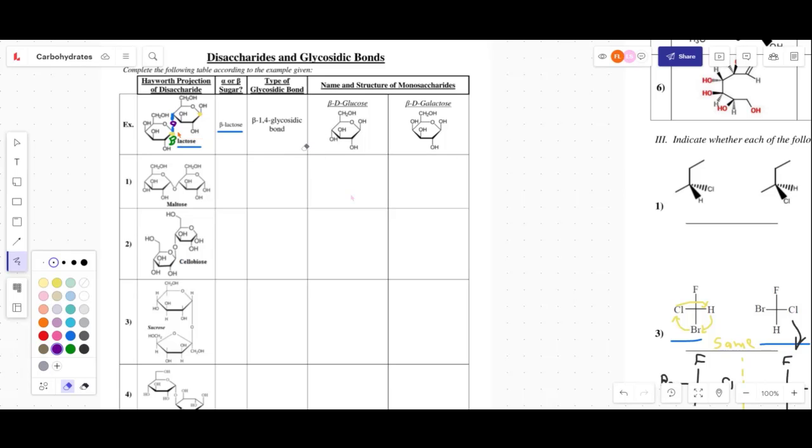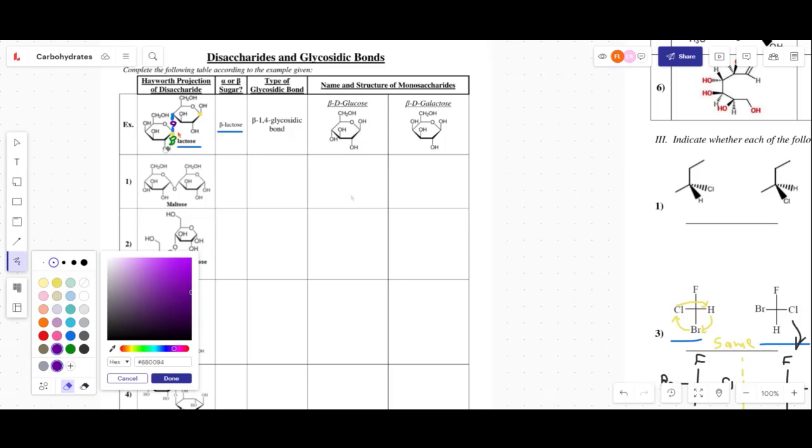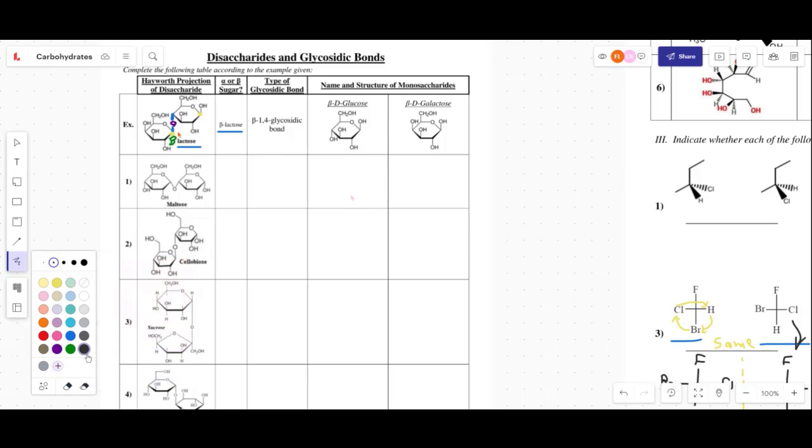The type of glycosidic bond, if you wanted to classify it, would be a beta 1,4 glycosidic bond. You might ask, why 1,4? Well, in the first ring, this is carbon number 1, then carbon 2, 3, 4, and 5, and then 6 up here.